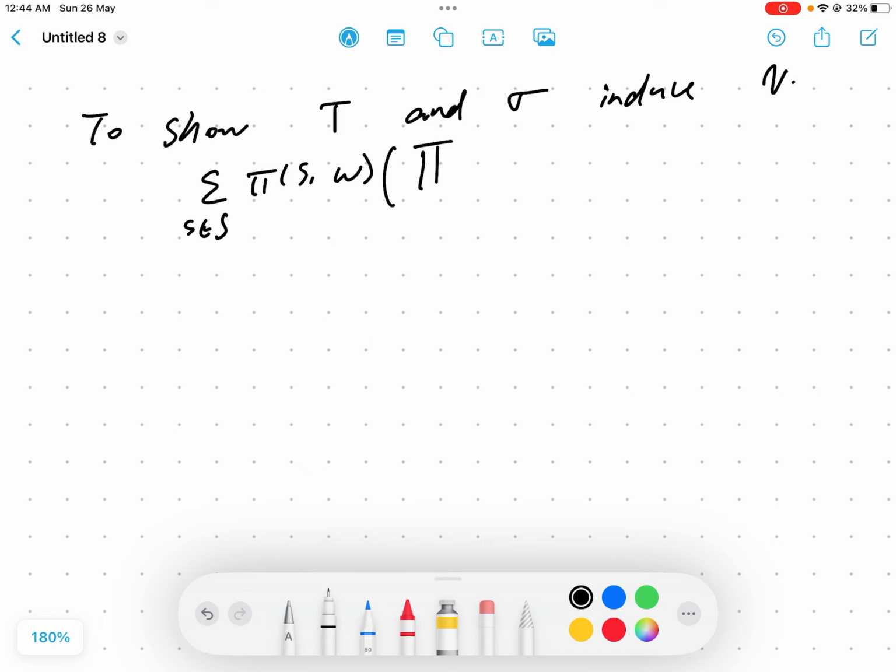Remember the definition in the beginning of this part of the V, right? So sigma i, and this is just pi, right? Again, the other term is 1, so this becomes the pi of a omega, right?